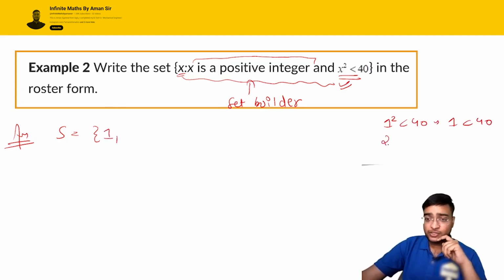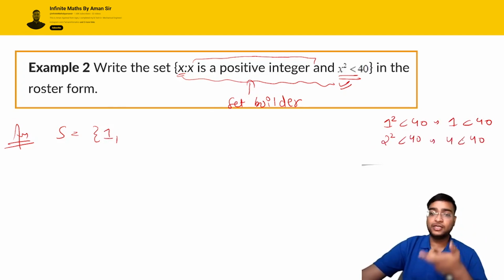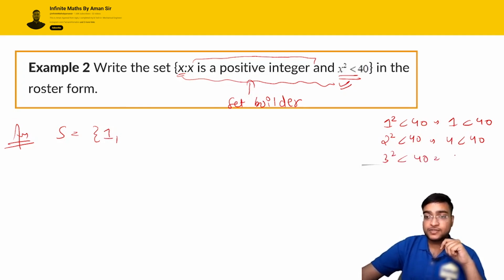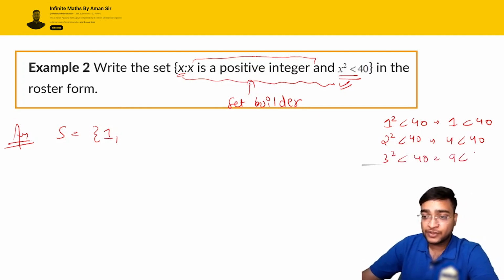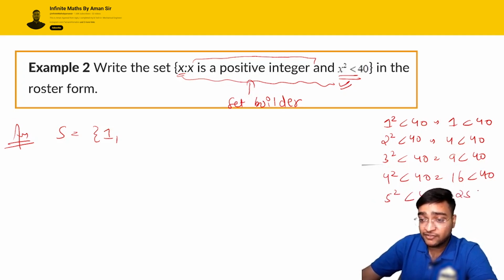Then 2 square is 4, less than 40. 3 square is 9, also less than 40. 4 square is 16, less than 40. 5 square is 25, less than 40.